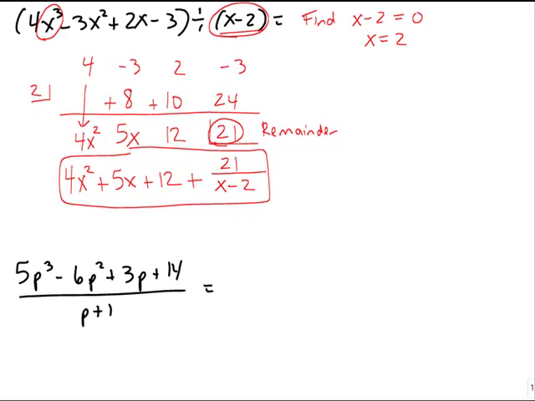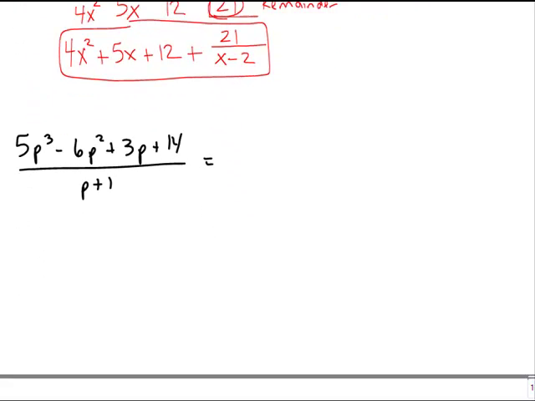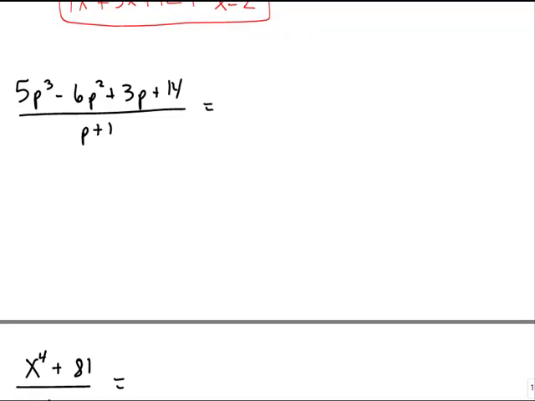It seems a little tricky at first, but again, it will become very simple once you get the hang of it. First thing we do is we take our numerator in this case, and we take those coefficients and we list them in descending order across. So we're going to go 5, that's our first coefficient, then -6, then 3, and then 14.